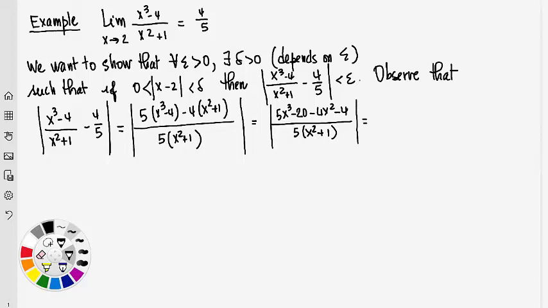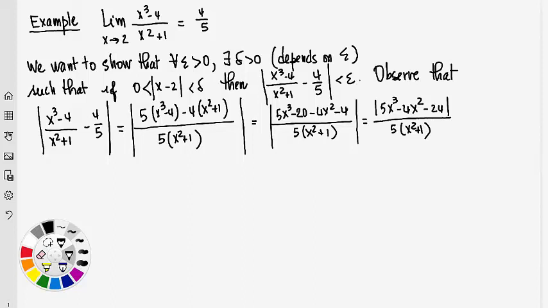We simplify things, so we should get the absolute value of (5x cubed minus 4x squared minus 24) over 5 times (x squared plus 1), and we can remove the absolute value from the denominator because it's positive.